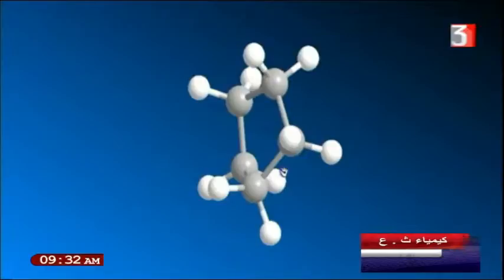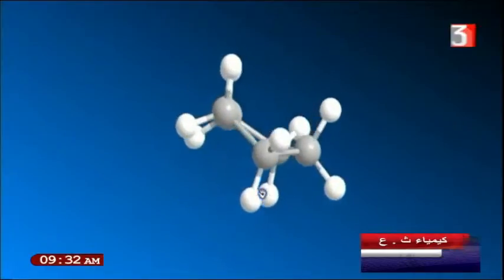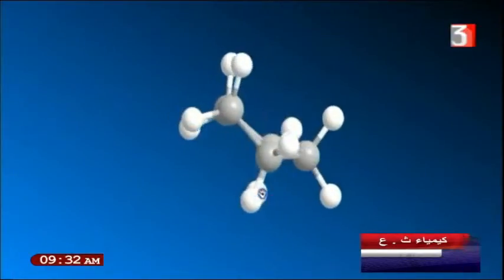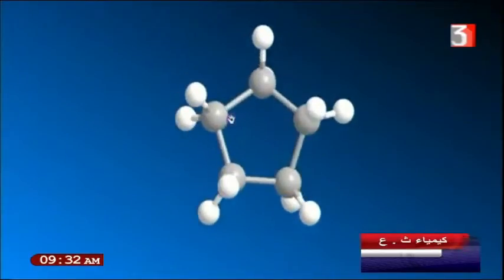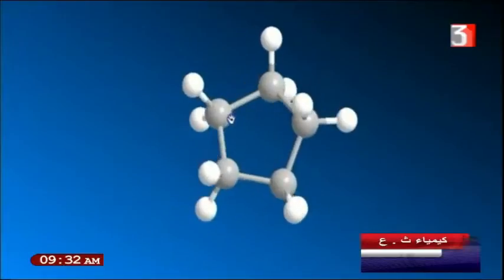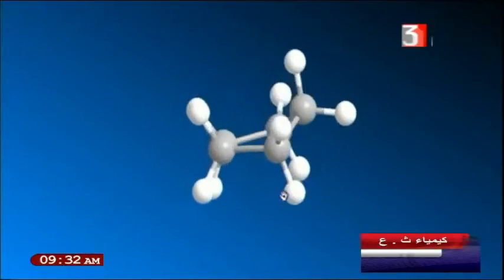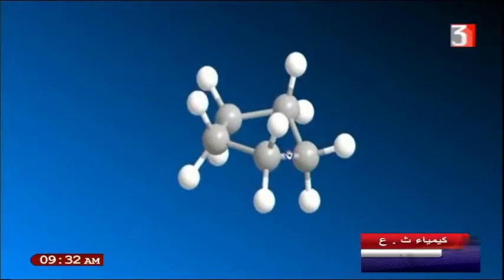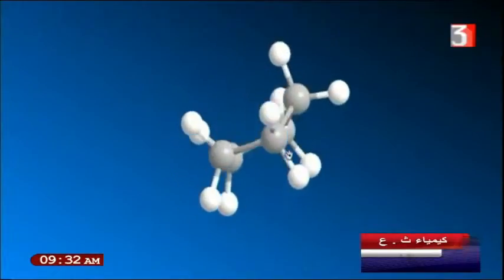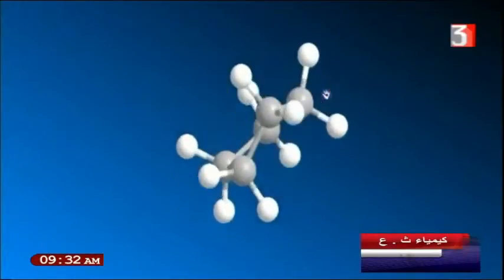Look at this. I have here 5 carbon atoms which have a gray color. This 5 means what? It means pentane. Yes, cyclo. You say cyclic pentane. Cyclic because it's closed to each other. The number of carbons here can be less, can be more.